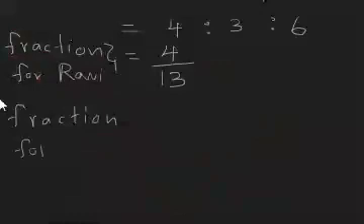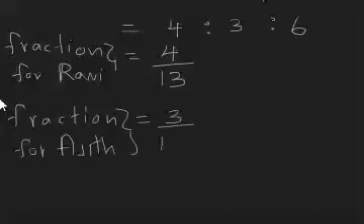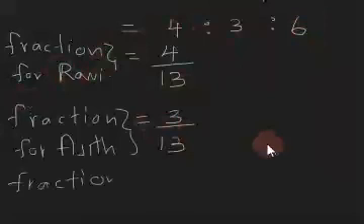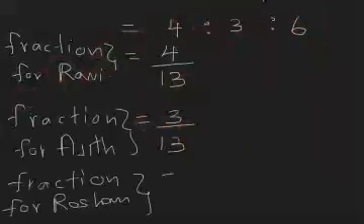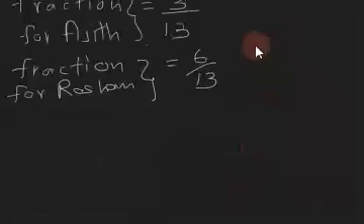This is for Ajit, 3 over 13. The whole profit is divided into 13 parts: 4 out of 13 should go to Ravi, 3 out of 13 should go to Ajit, and the last fraction for Roshan is 6 out of 13. Now you can find the profit.